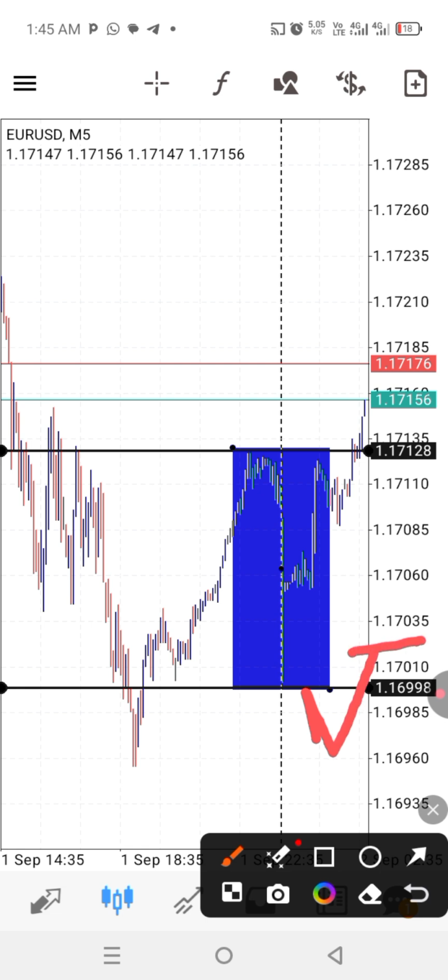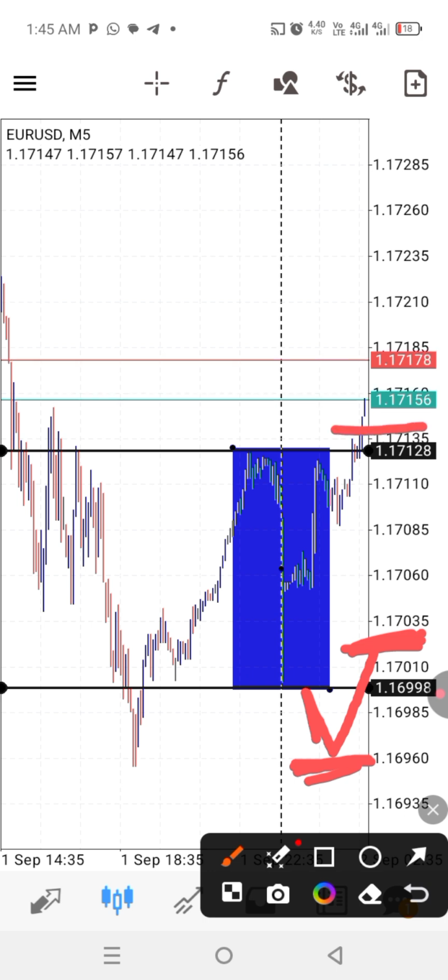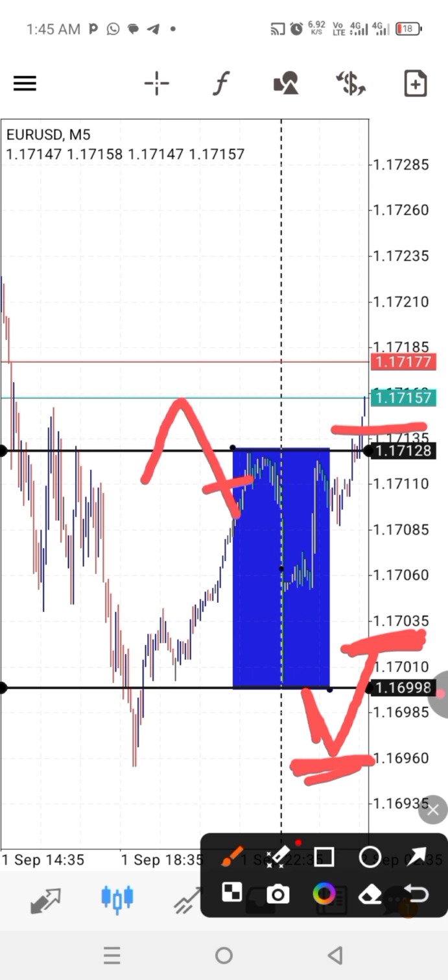Then that's where I'm going to find my buy entry and set the stop loss just below the low of this point. And I'm going to double this. That will be my TP somewhere there. So guys, this is how you trade. If it breaks to the upside, you're going to wait for the market to reverse to the inside, then you find your sell entry and put your stop loss right there and ride with the market.